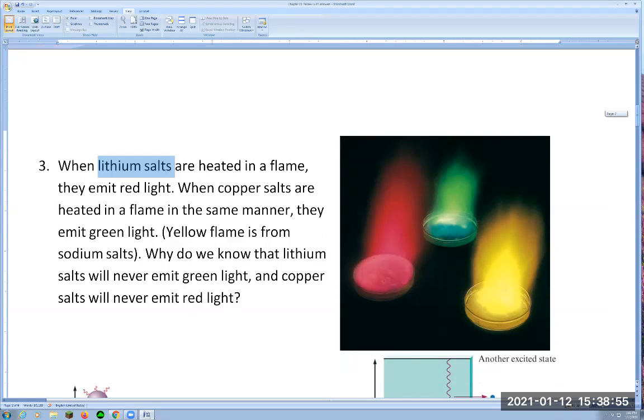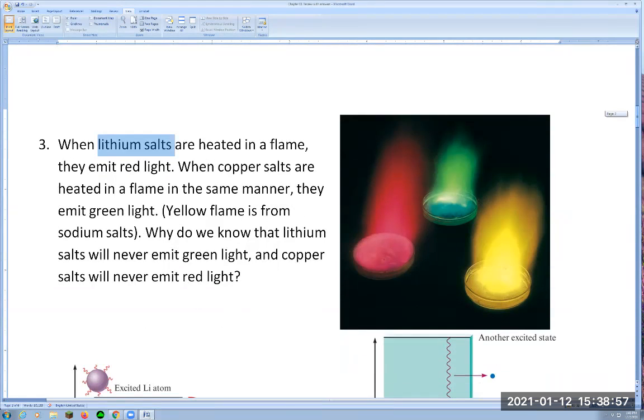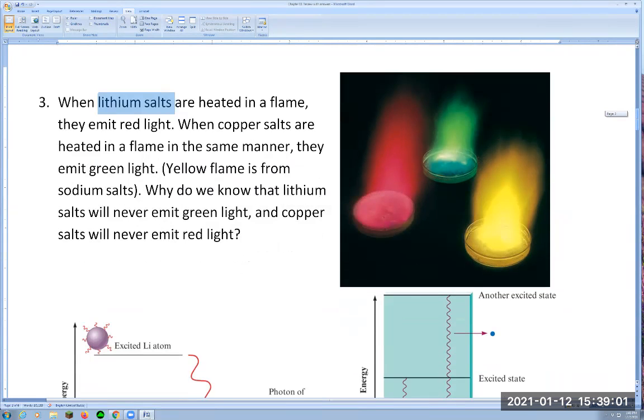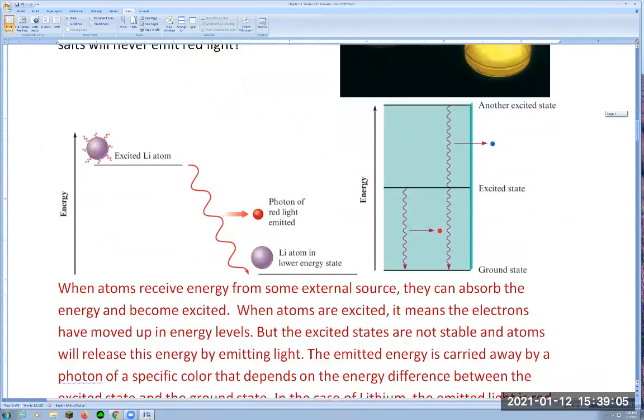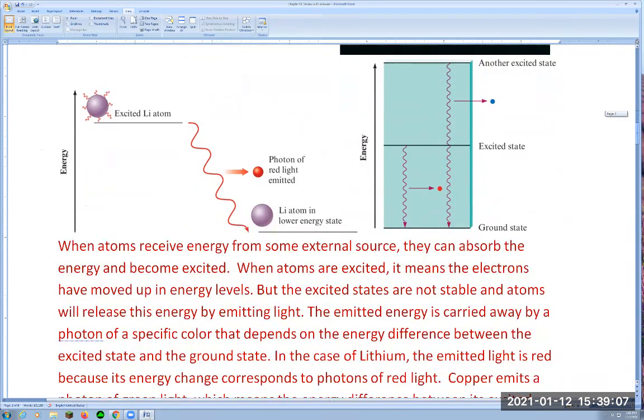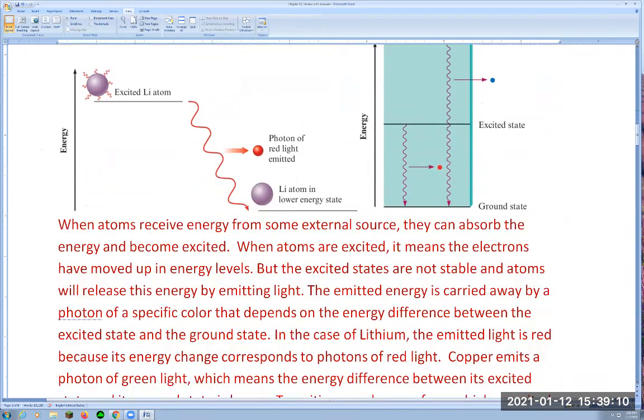So we just learned that atoms have quantized levels of energy. And so what happens is, let me move all of this here so we can understand. The electrons can only be at those specific energy states or energy levels.